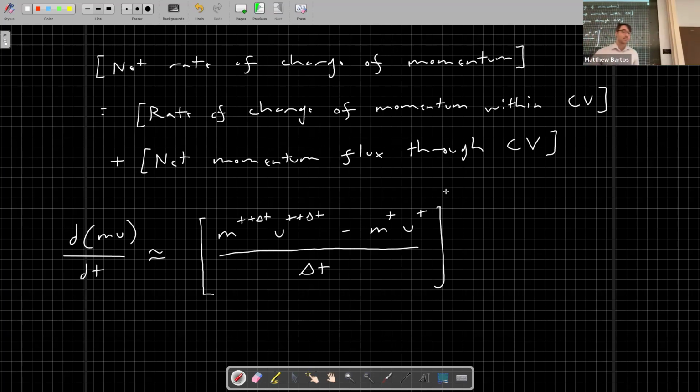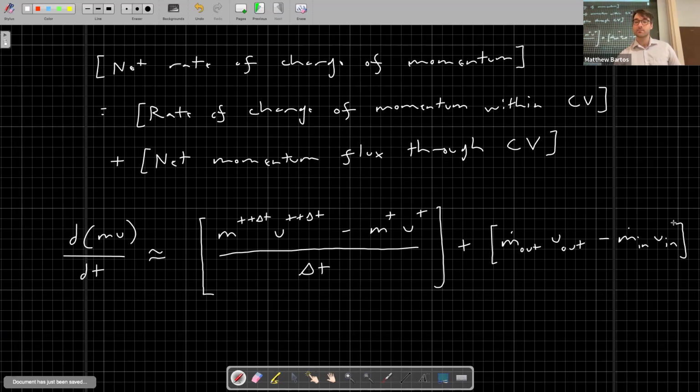And then to that, we need to add the momentum flux through the control volume. This is going to be the mass flow rate out times the velocity out minus the mass flow rate in times the velocity in.